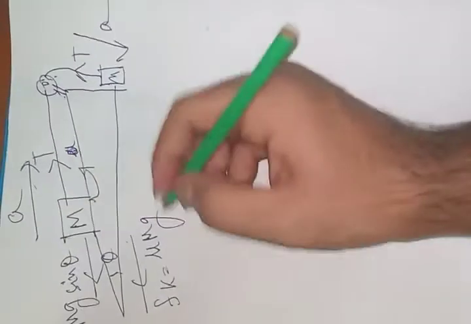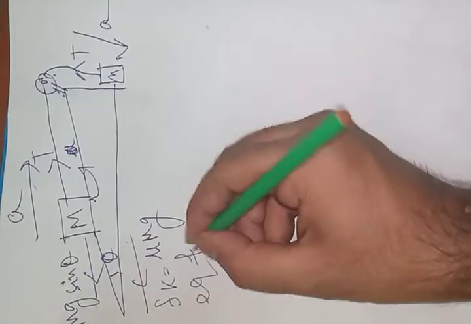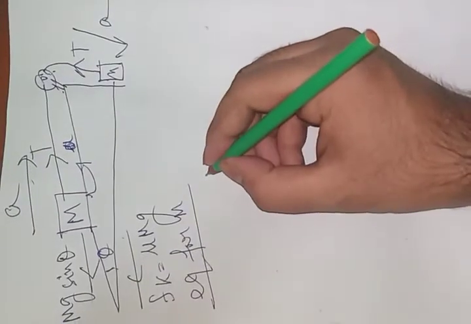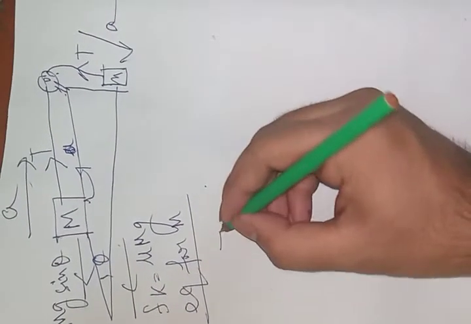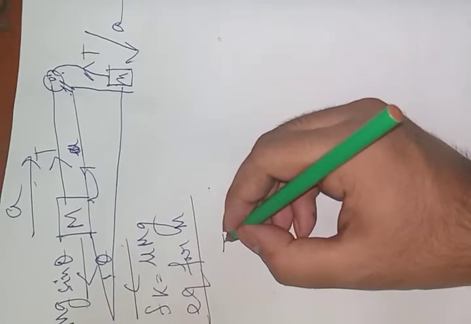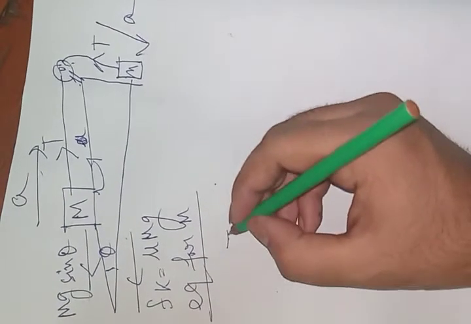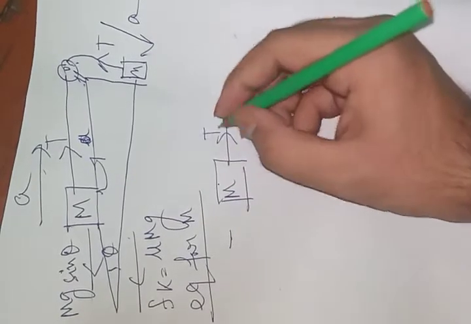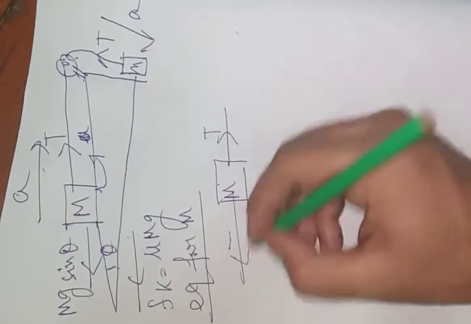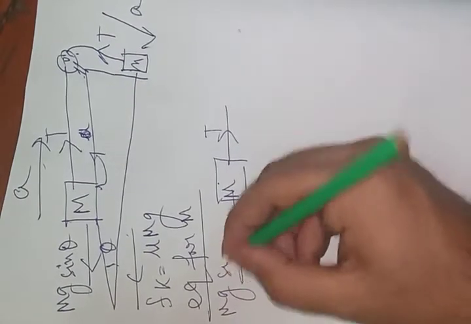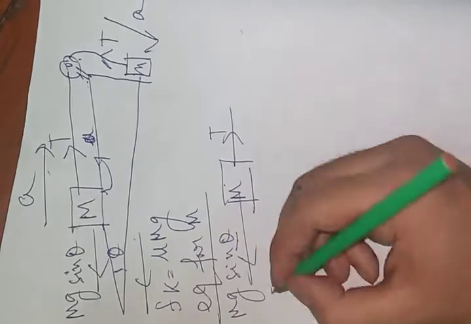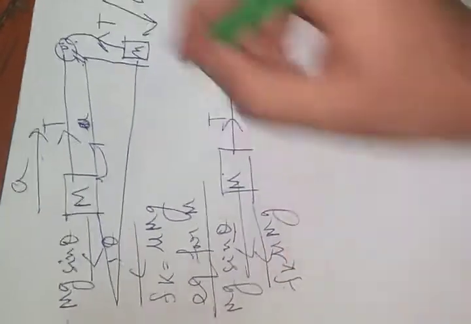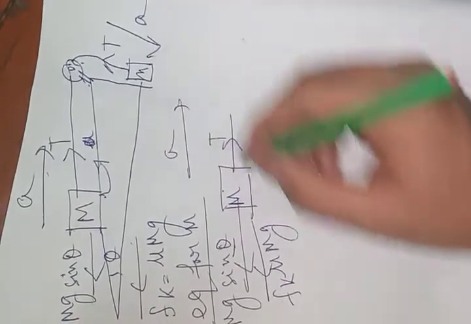So for this M block, the equation for M: there is mass M, this is tension T, this is mg sine theta, this is Fk, that is mu mg, and the net acceleration is here.